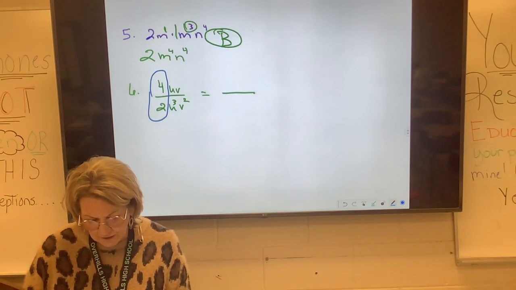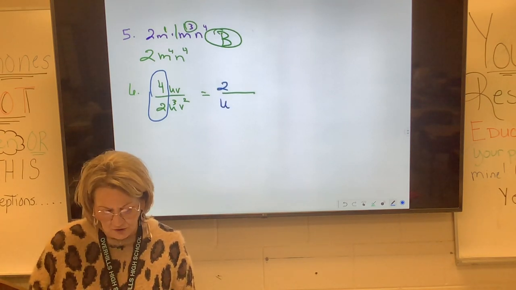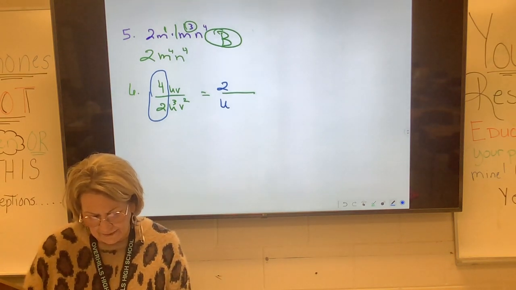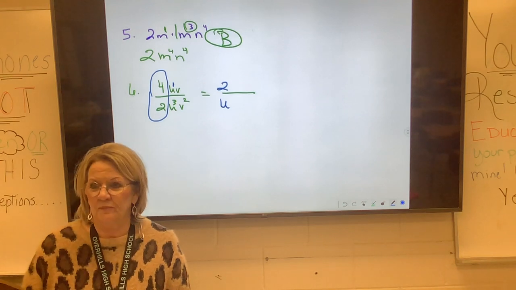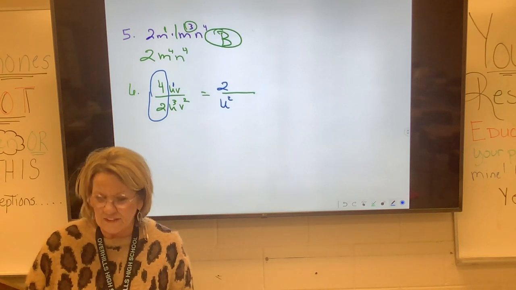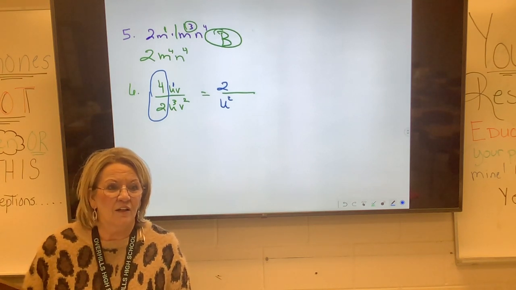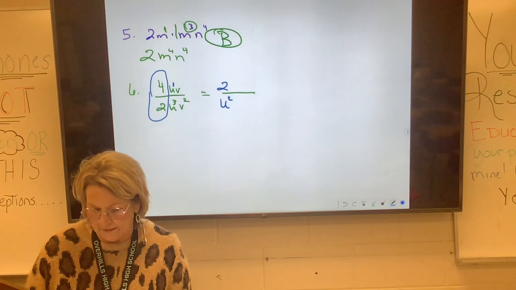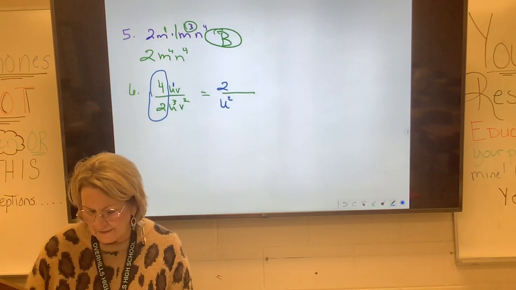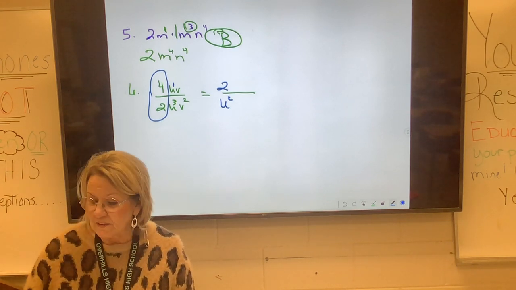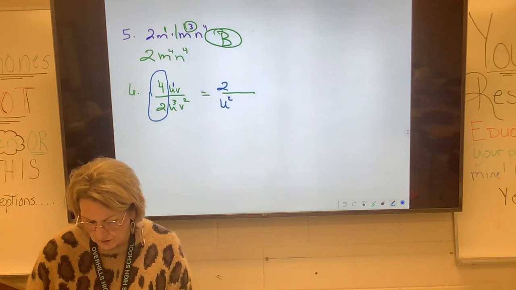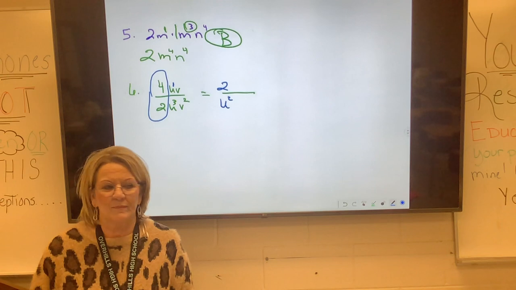That's where the u is going to go. And now you're going to subtract the exponents: 3 minus 1 is a 2. Where is the larger v? On the bottom. So we have 2 minus 1, which is a 1. So this is your answer. Number 6 is 2 over u^2v, which is D.